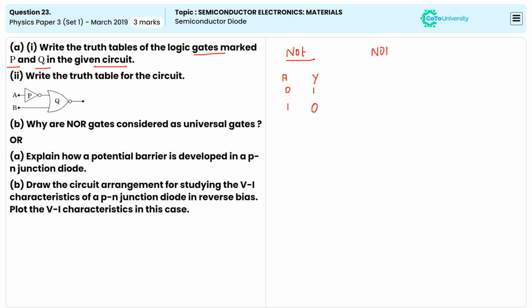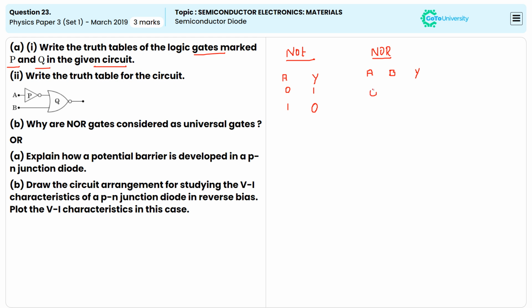Q is the NOR gate. It is the negative portion of the OR gate. That means if A, B are the inputs and Y is the output, if any one input is high in this circuit, then the output becomes 0.